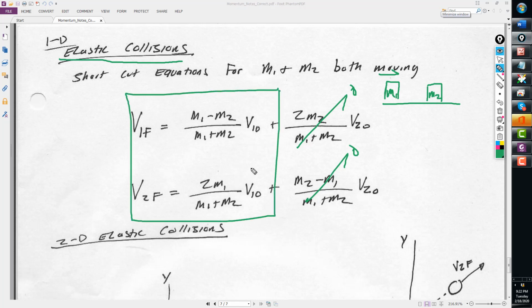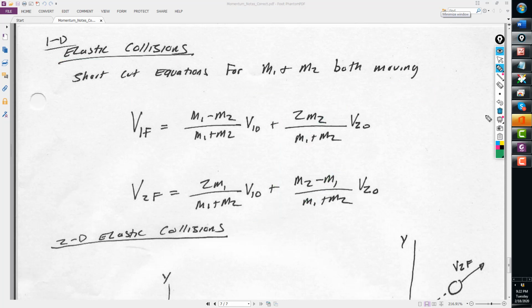But what if mass 2 was moving into it? Well, in essence, you would get this second term. So V1 final would be (M1 minus M2) over (M1 plus M2) times V1 initial, plus 2 times M2 over (M1 plus M2) times V2 initial. V2 final is 2 times M1 times V1 initial over (M1 plus M2), plus (M2 minus M1) over (M1 plus M2) times V2 initial.